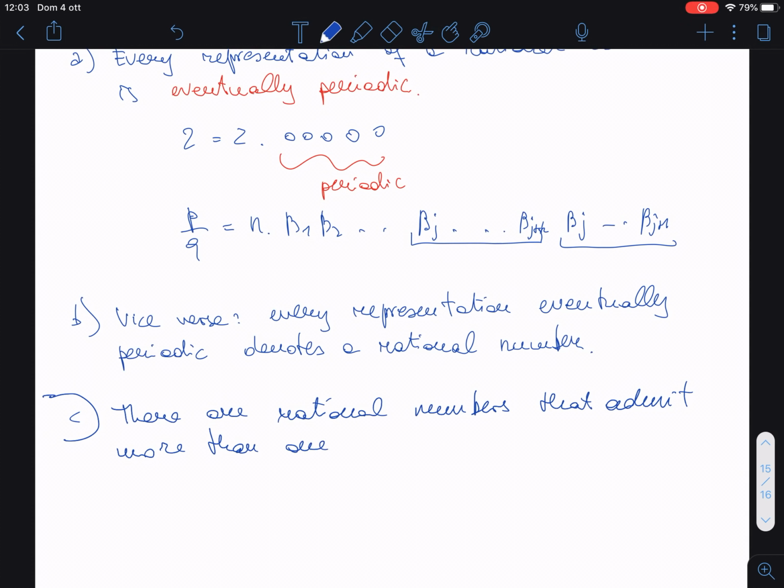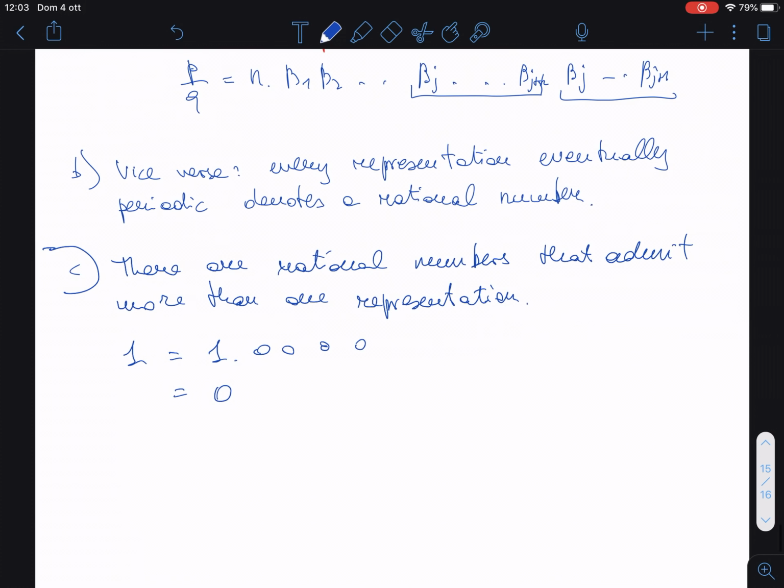Indeed, they admit two. For instance, the number 1. The number 1 is 1.000, but is also exactly equal to 0.9999 and so on and so on.